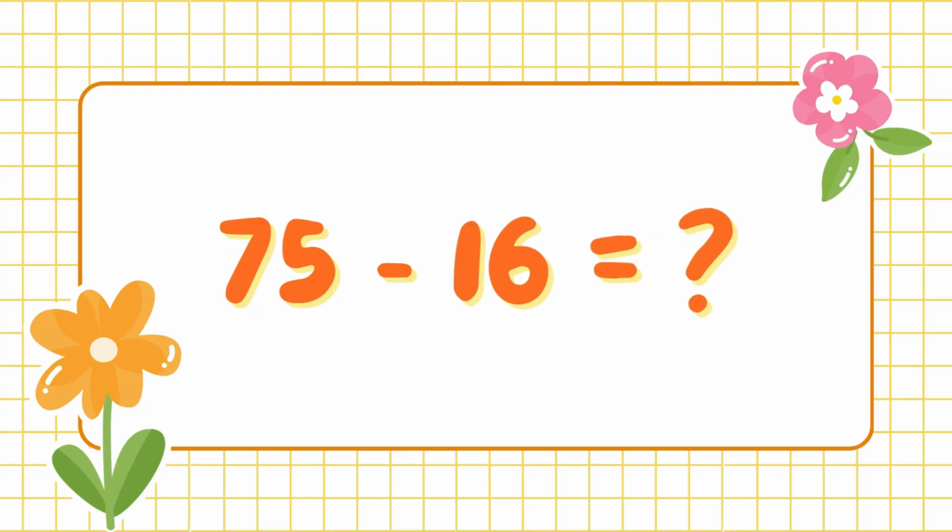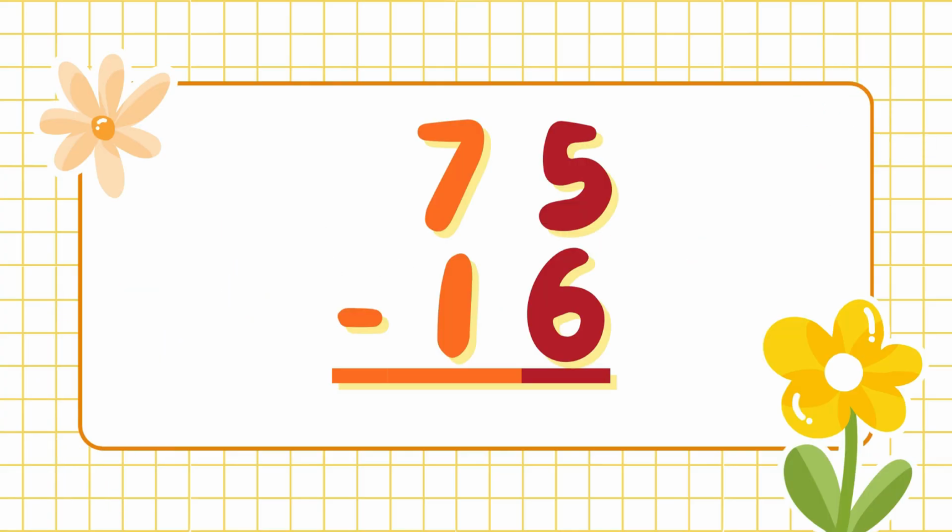Now what about this, kids? This is a little bit tricky and a little bit easy. 75 minus 16. Oh, the 5 is tinier than 6. What should we do?